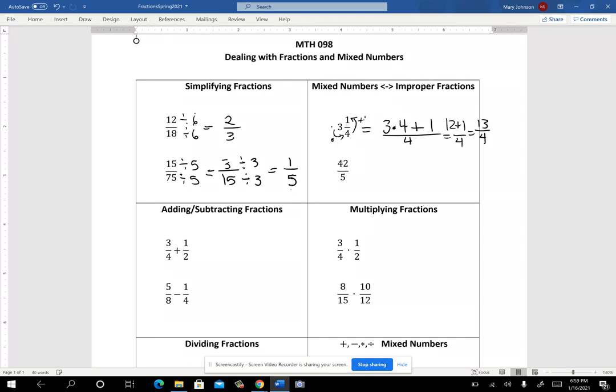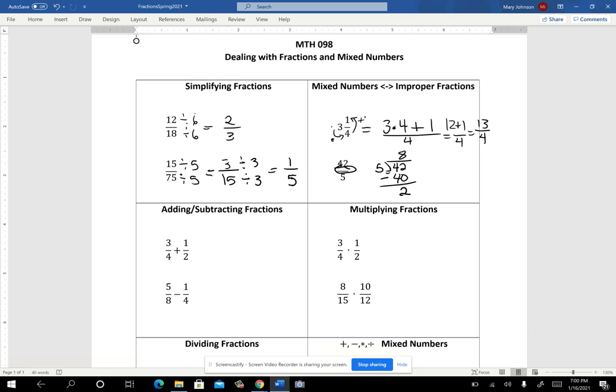Now the other way, we utilize division. We know that the fraction bar means division. So we're going to find out how many fifths there are in 42. We do that by taking 5 and dividing it into 42. It goes in there 8 whole times, and that would be 40, and we have a remainder of 2.